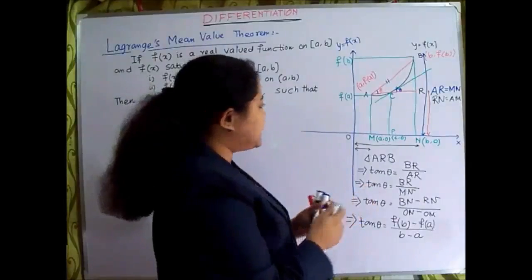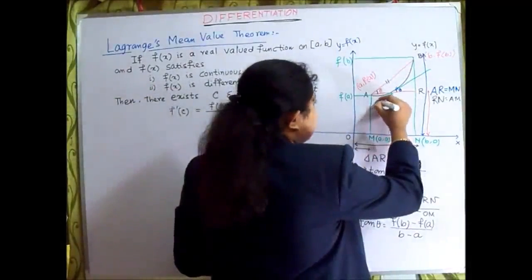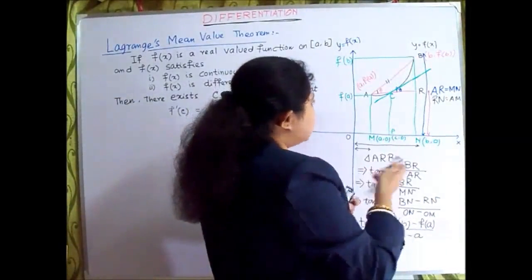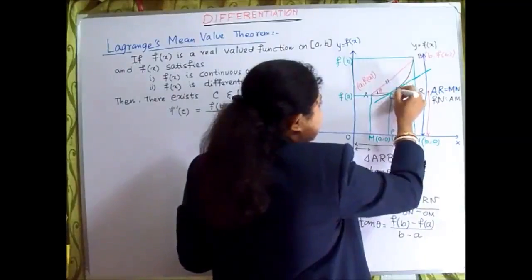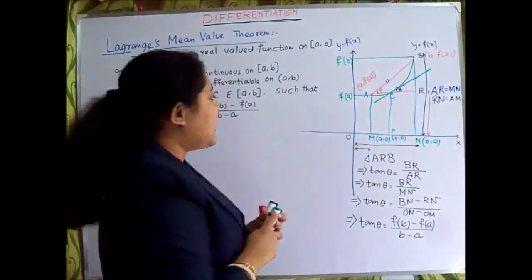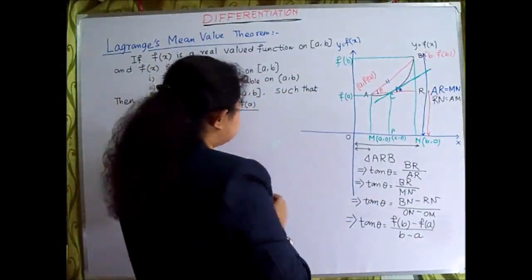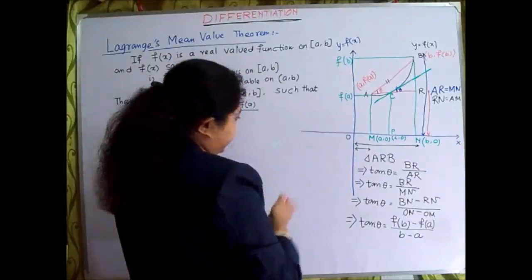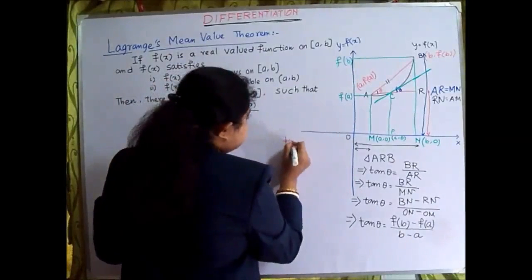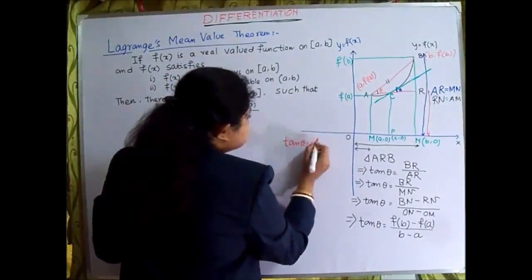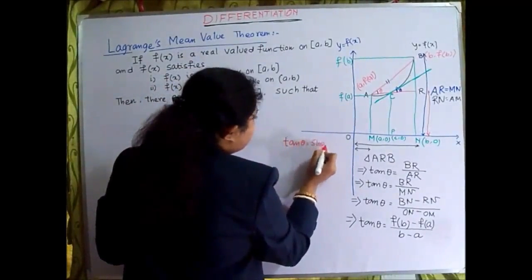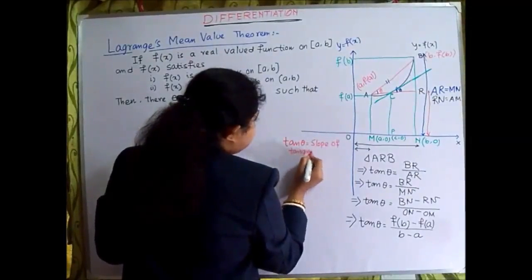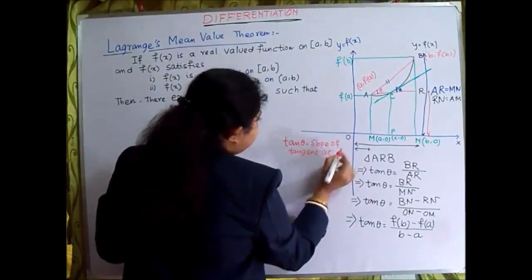If this one is the tangent at that point C, and if this angle is theta, so we can write tan theta is simply the slope of tangent at point C.